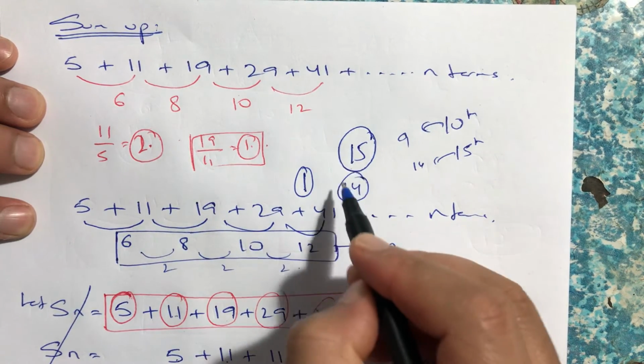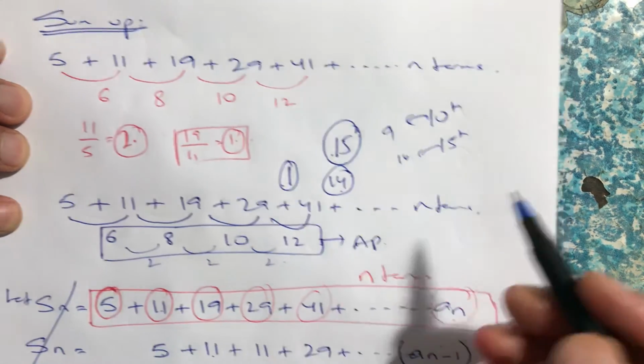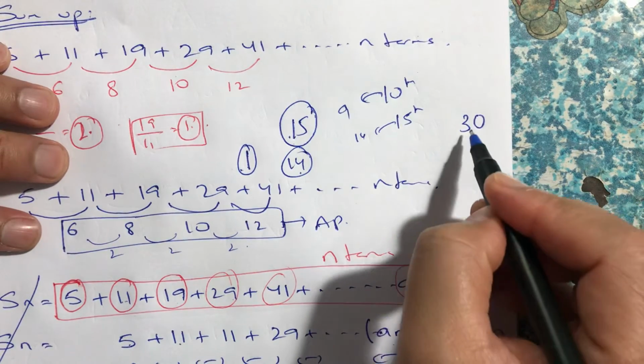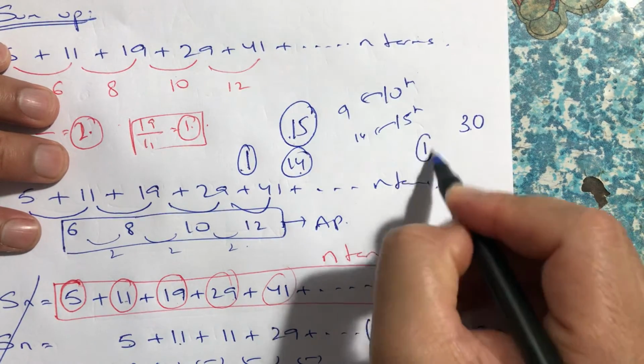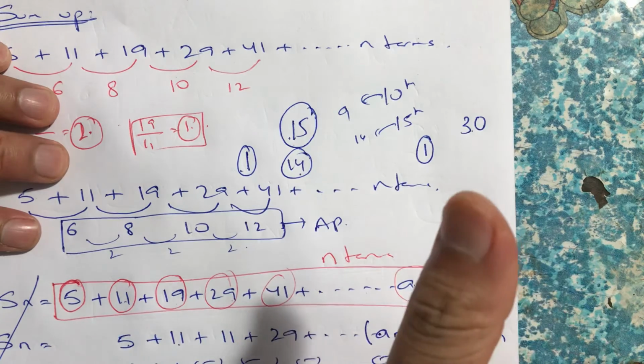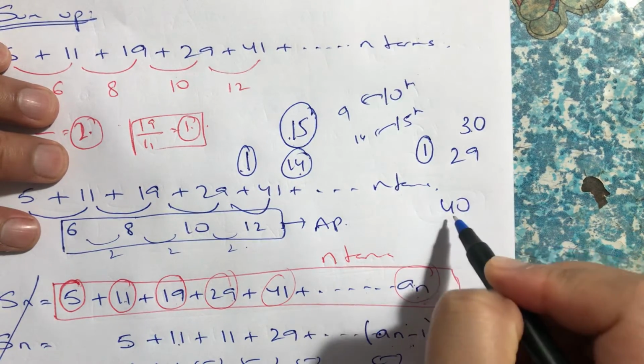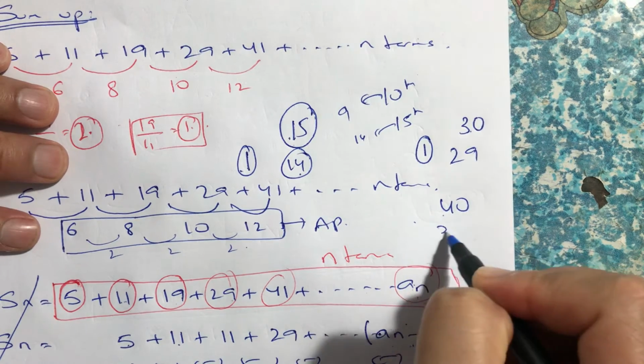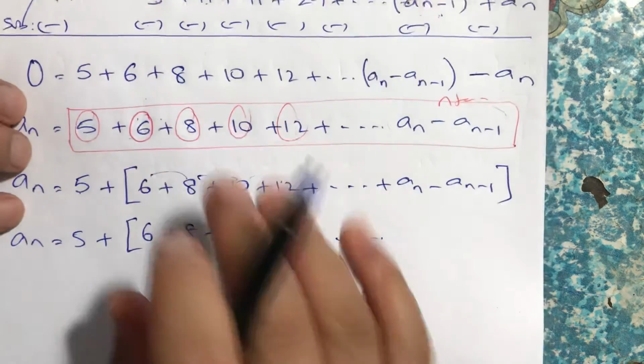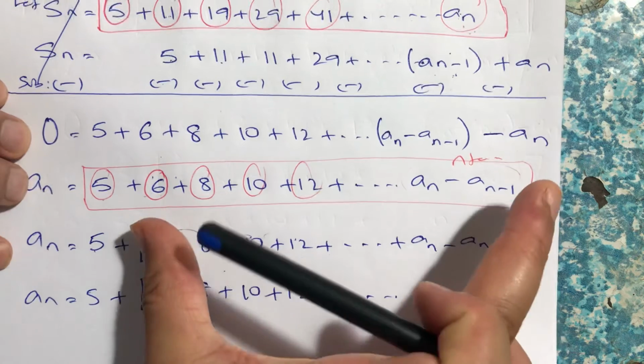Then I'll have 14 terms, because from 15 if I take out one, I'll have 14. If I have 30 terms and I exclude one term, then how many terms will I be left with? 29 terms. If I have 40 terms, from 40 if I exclude one, what will I have? I'll have 39 terms.